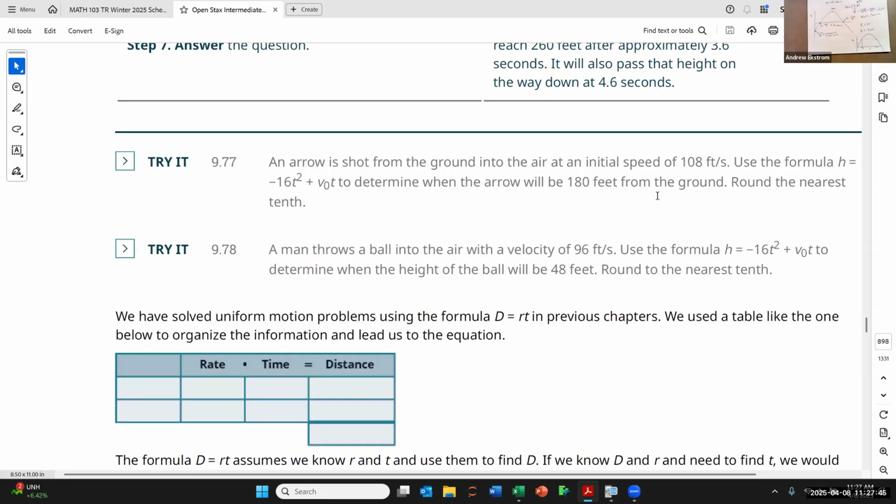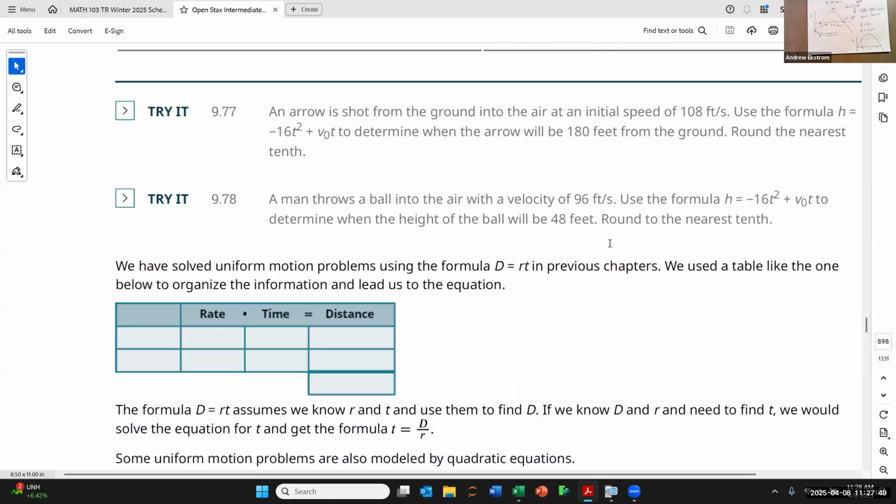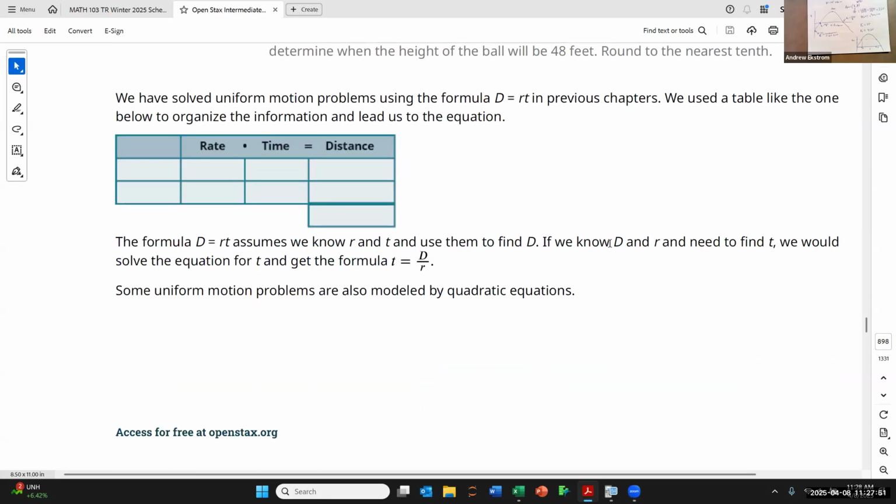So again, a couple other questions that do the same thing. And how many of you remember these problems from earlier? About traveling upstream, the engine is pushing the boat at a certain speed, but if it's going upstream versus downstream, figure out what the speed of the boat is and what the speed of the stream is.